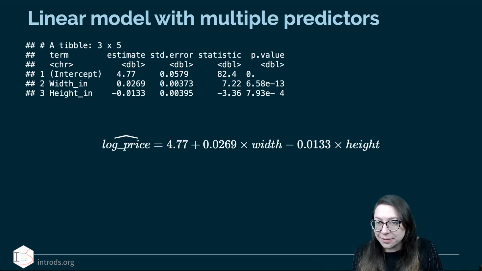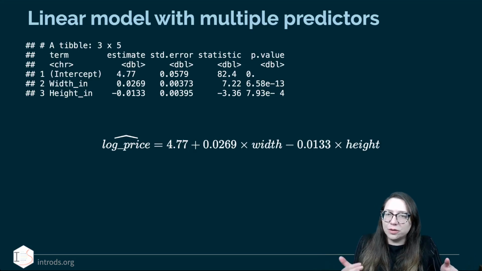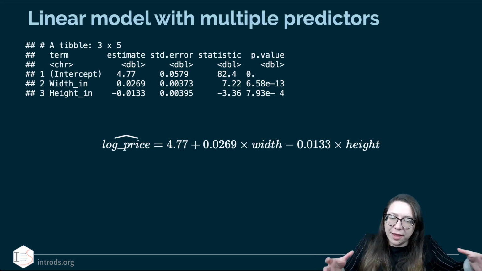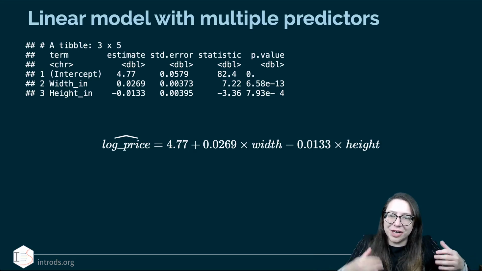It seems a little bit counterintuitive perhaps, but what we have here is probably a situation where our variables width and height, chances are, do not actually grow independently of each other. Sure, as the width of a painting is bigger, we don't necessarily expect that its height will be bigger as well. But if we're thinking about big changes in width, chances are the height has increased as well.